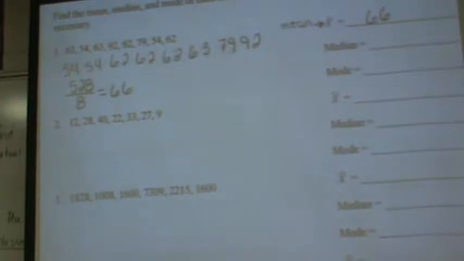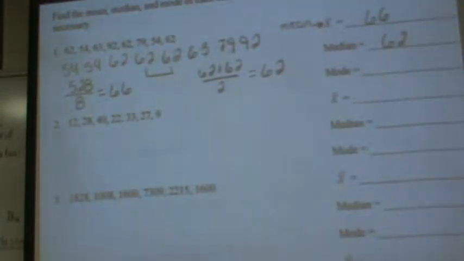Next, finding the median. So we want to find our middle number, is what the median is. So we have 8 numbers, so we're going to have to average the middle 2 numbers. So our middle 2 numbers are going to be 62 and 62, because that gives us 3 numbers on the left and 3 numbers on the right. So if we're averaging 62 plus 62 divided by 2, we're just going to get 62 again.